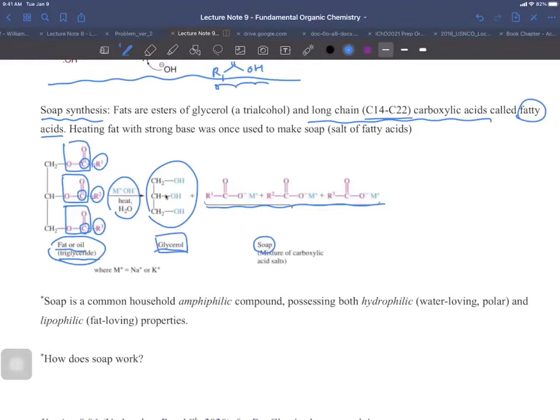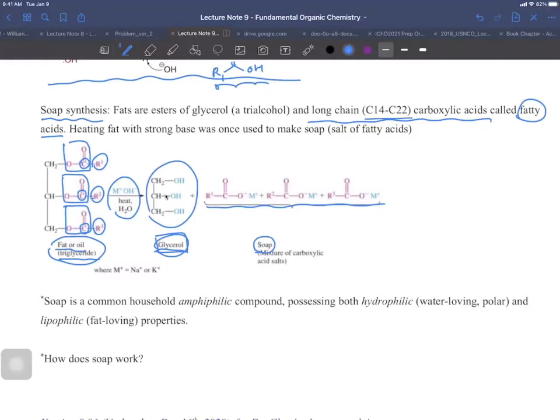You probably can make soap in your kitchen. You just need to get some oil for cooking, and then you probably need to get some base from the chemistry lab. And then you heat it, and after the reaction, you get two layers. The first layer is kind of the glycerol. The second layer is the soap.